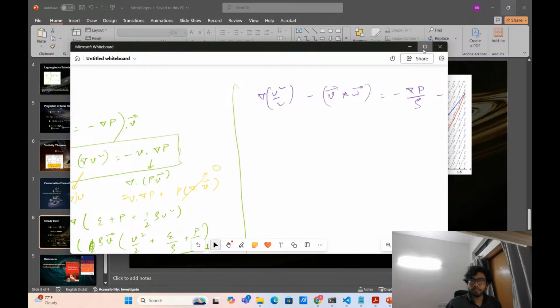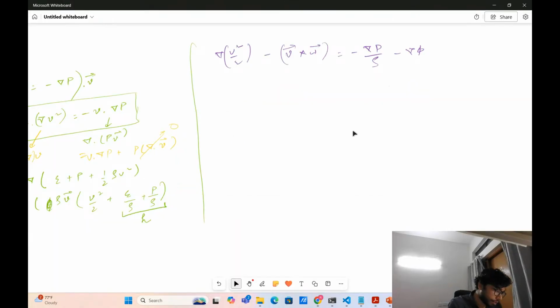Now what we'll do is dot the whole equation with dL. So del of v square by 2 dot dL minus v cross omega dot dL minus del p by rho dot dL minus del phi dot dL.